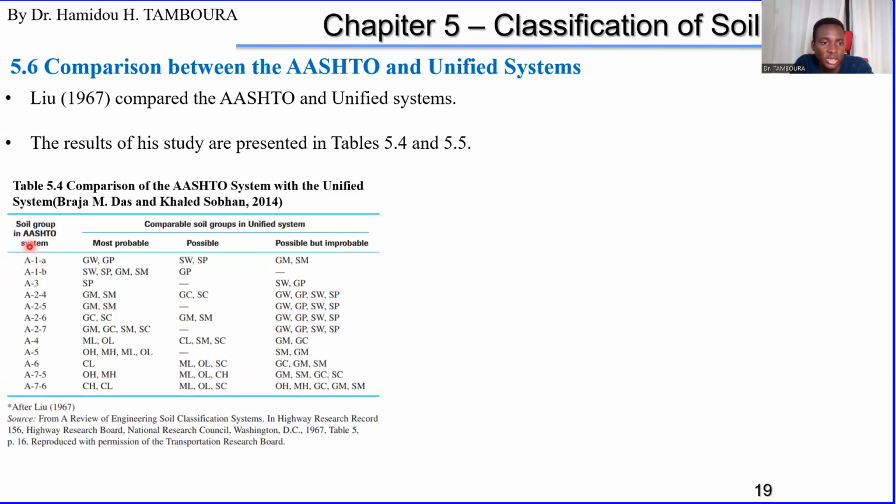So as you can see, for each group symbol, each soil in AASHTO, this table is giving the most possible correspondence in the unified classification system. This is the most probable one, the possible one, and the possible but improbable one. Okay, you can check later.